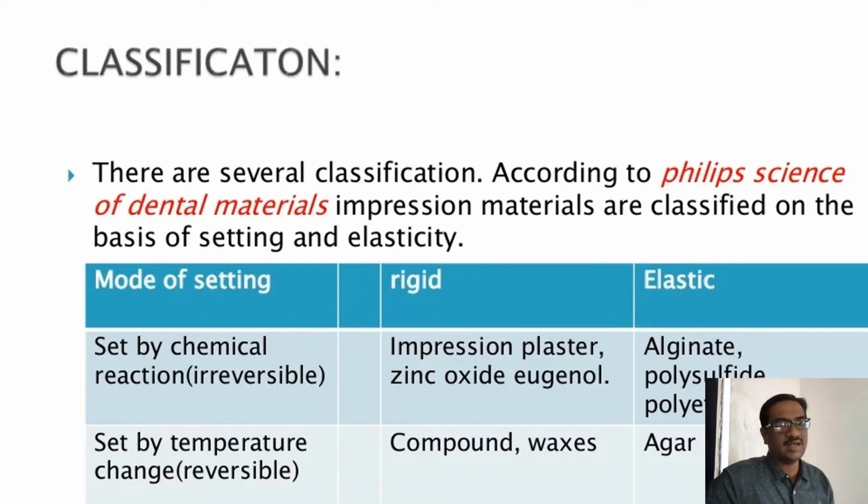Examples for rigid are impression plaster, zinc oxide eugenol, impression compound and waxes. Then elastic impression materials are alginate, agar, elastomeric impression materials.